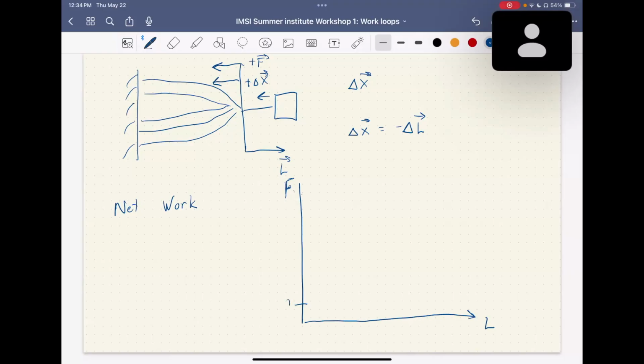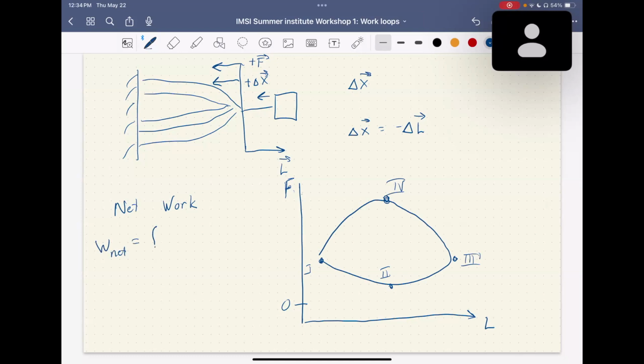So here's my zero force value. I'll just draw this again. We go from 1 to 2 to 3 to 4, and that's going to create a loop.